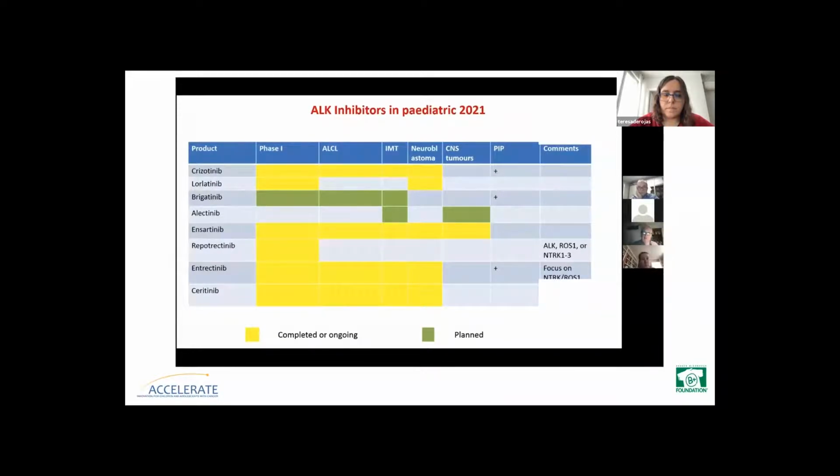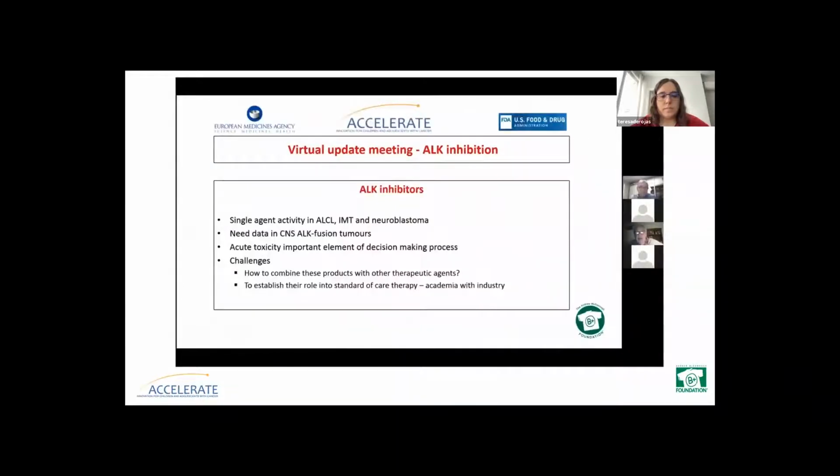As we understand, demonstrates the current position as of today, with yellow blocks being completed or ongoing studies, and those in green planned studies. And we have 3 PIPs which are publicly available. So there has, without question, been some movement in the ALK landscape over the last 3 to almost 4 years. Very much the overall conclusion is that, without question, there was single-agent activity in anaplastic large cell lymphoma, IMT, and neuroblastoma, which was in 2017. We need more data on the activity in CNS ALK fusion tumors, and Amar and Francois beautifully presented that.